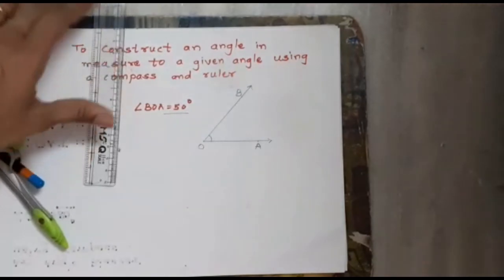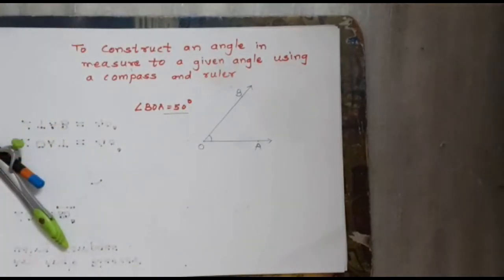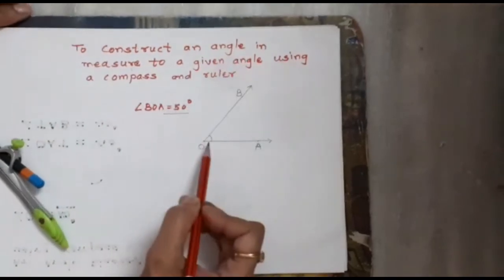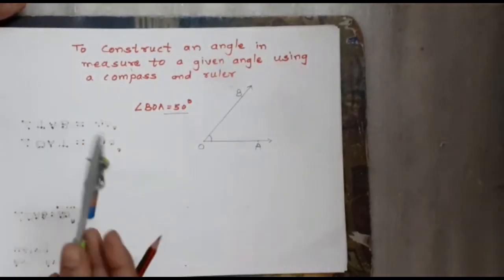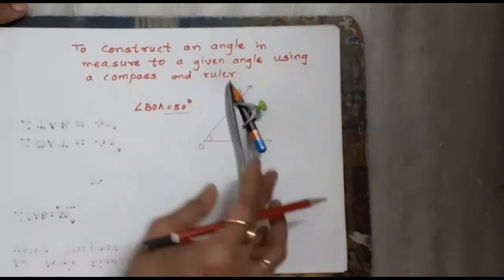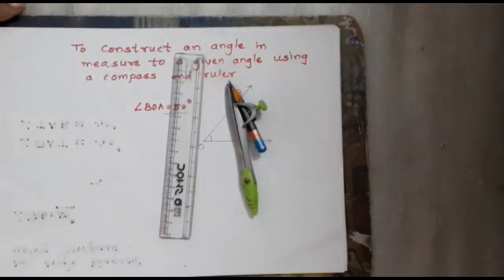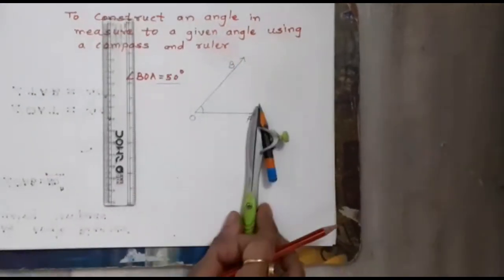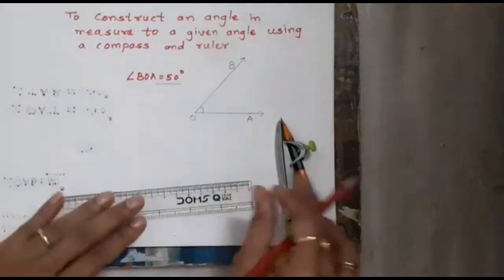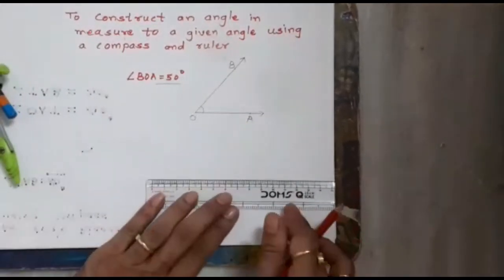Now I have to draw an angle equal in measure to the given angle, that is of 50 degrees. But this time we have to draw it with the help of the compass, and this is the ruler. So let's see how to draw an angle of the same measure, that is of 50 degrees, with the help of this compass and ruler.